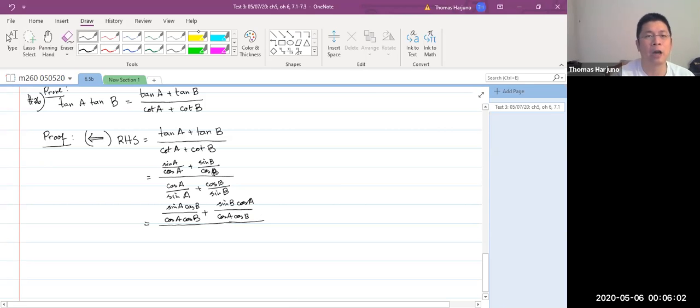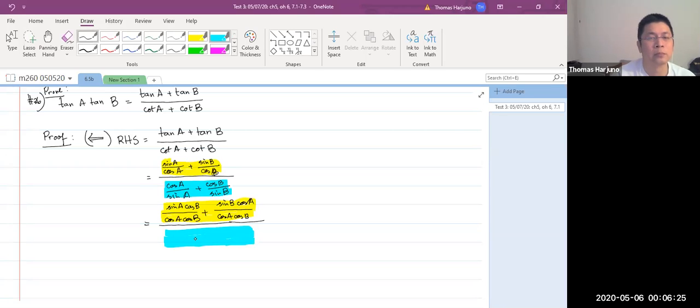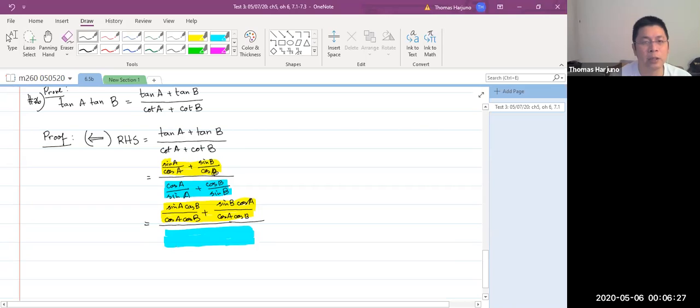Let me color it so that you know what I'm doing. This guy becomes this guy, and later on this guy here will become what we have in color.